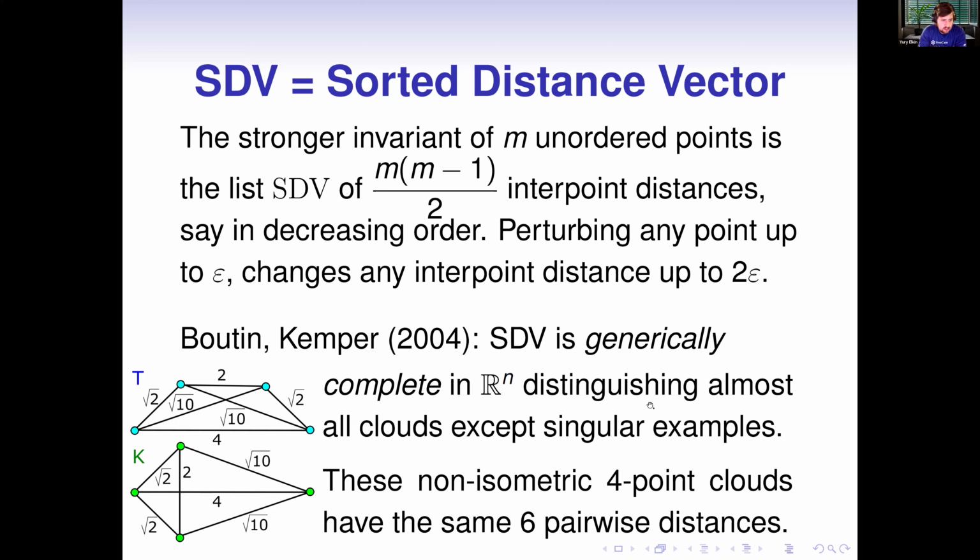And SDV is practically a strong invariant because it could distinguish almost all clouds, except some singular examples.